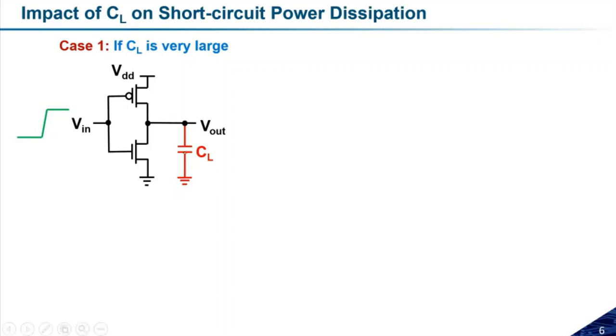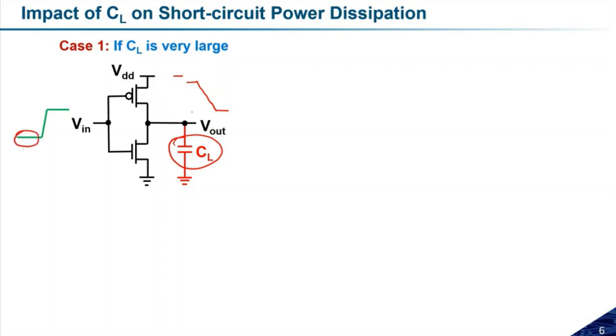Because if the load capacitance is very large, it will take more time to charge. The charging time constant is large, so the output voltage, initially let us assume it was 0, will take more time to charge from 0 to 1, or discharge.